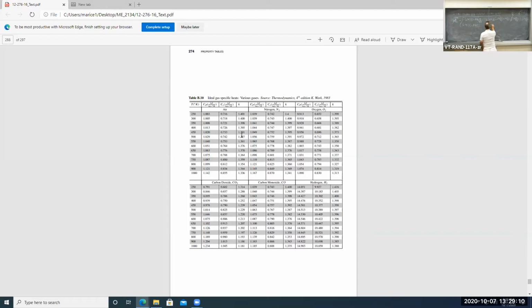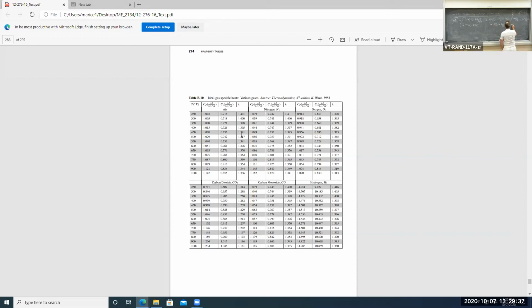So this implies ln T2 over T1 equals ln P2 over P1, and then I've got in the exponent 1 minus 1 over k. Okay, so that's inside the natural log.